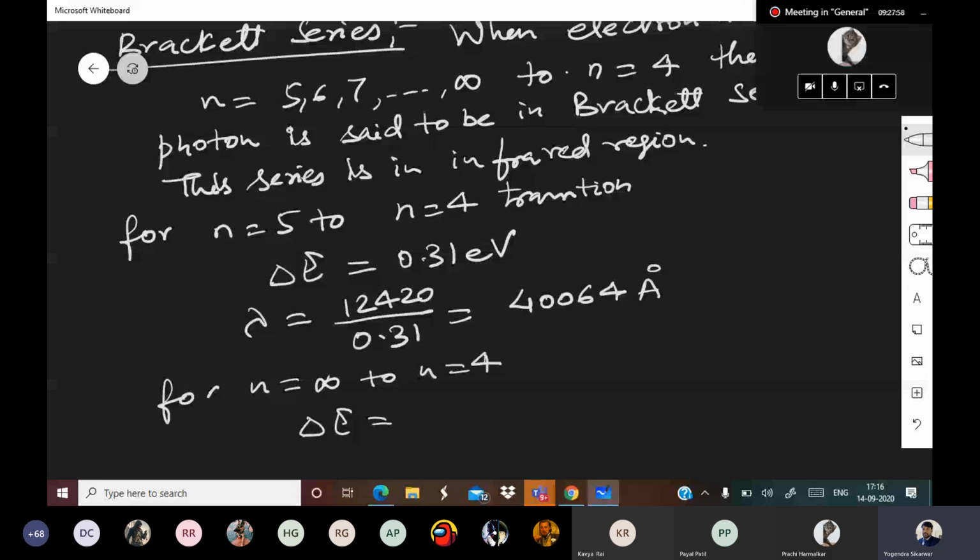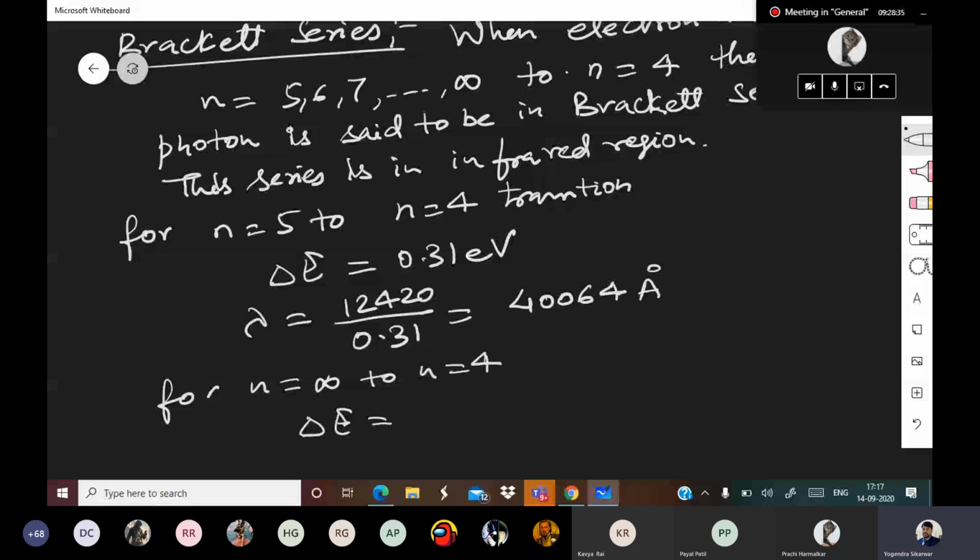How much is delta E? Please tell me quickly. N is equal to infinity to n is equal to 4. Risaya is saying 0.85.